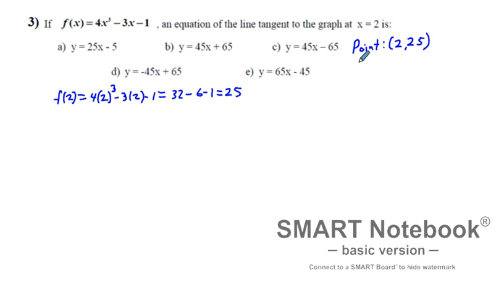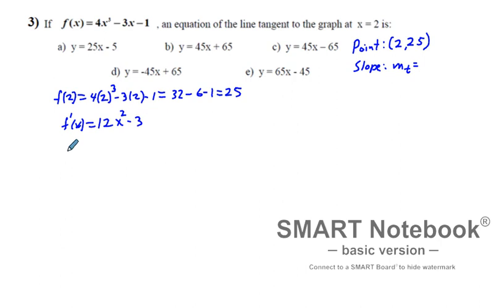And next we need our slope. We'll put down m sub t equals, we'll find our first derivative, f prime of x is equal to 3 times 4 is 12x squared minus 3.